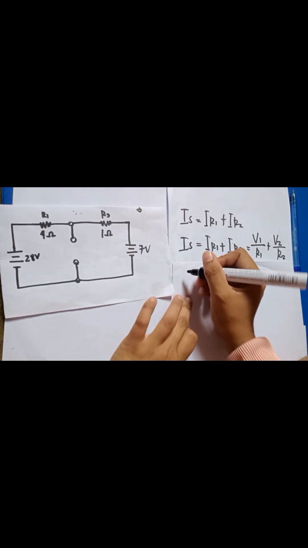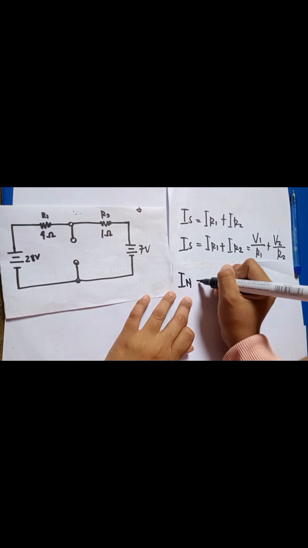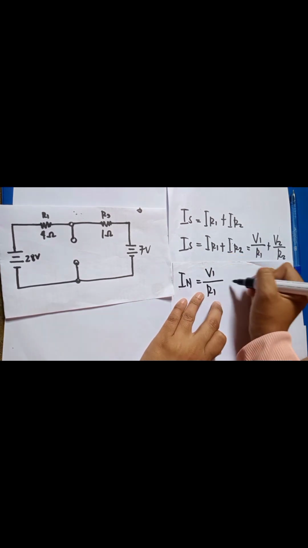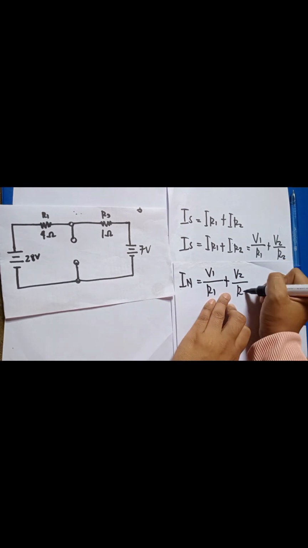Using this formula, we can now solve for the short circuit current. So the Norton current is equal to V1 over R1 plus V2 over R2. That's the formula for getting the Norton current.